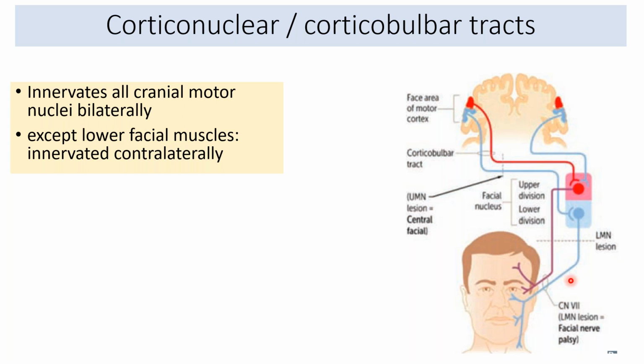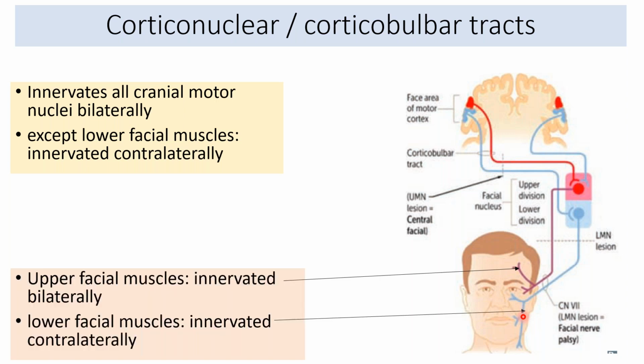So this is the lower part of the face. The rest of the nuclei are bilaterally represented, except the lower facial muscles, which are only contralaterally innervated. You can see the upper facial muscles are bilaterally innervated, but the lower facial muscles are only innervated contralaterally.